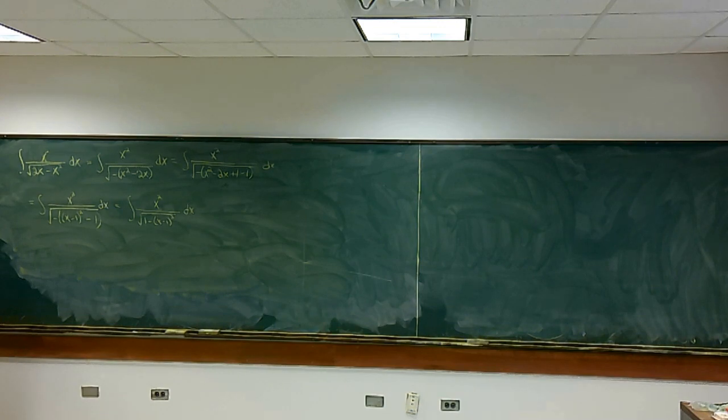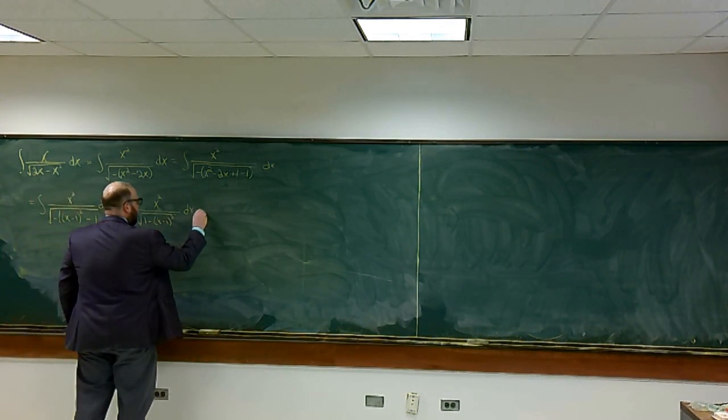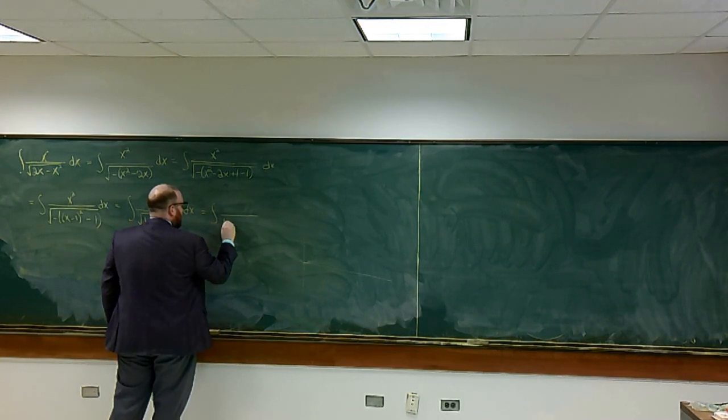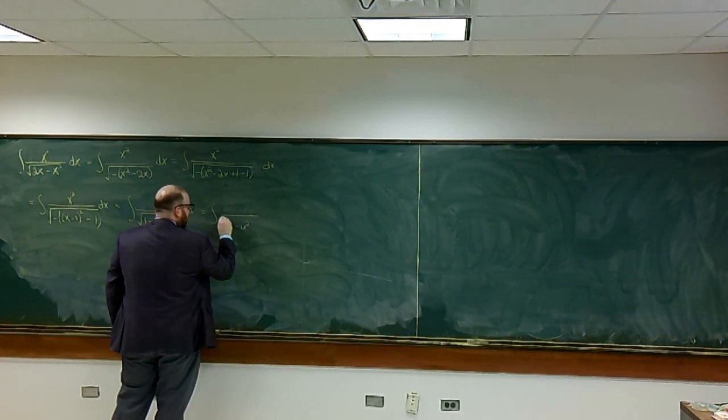Now make a u substitution. Let u be x minus 1. What's du? It's the derivative of x minus 1, which is just 1. So du is dx. So the denominator becomes the square root of 1 minus u squared.